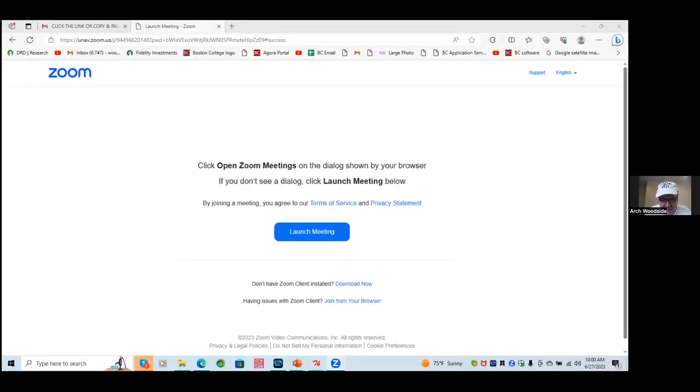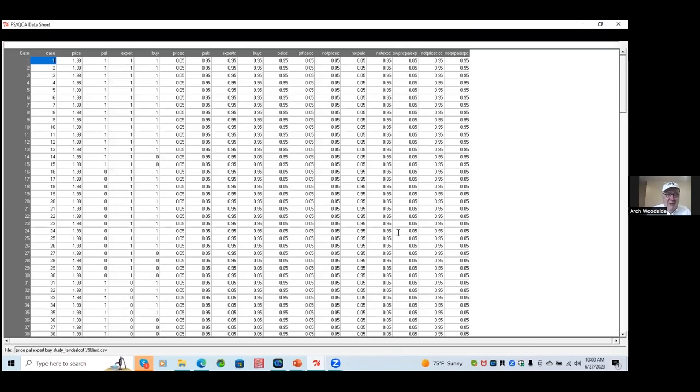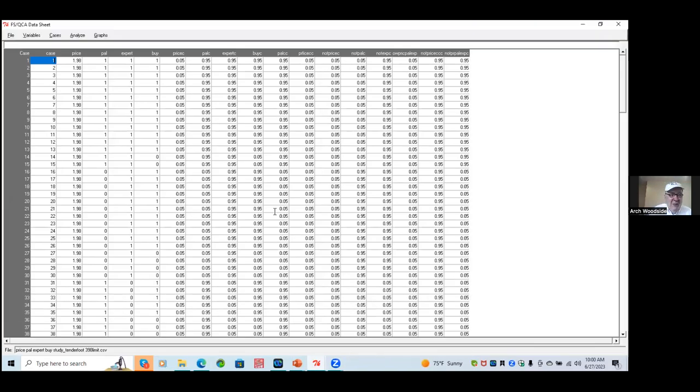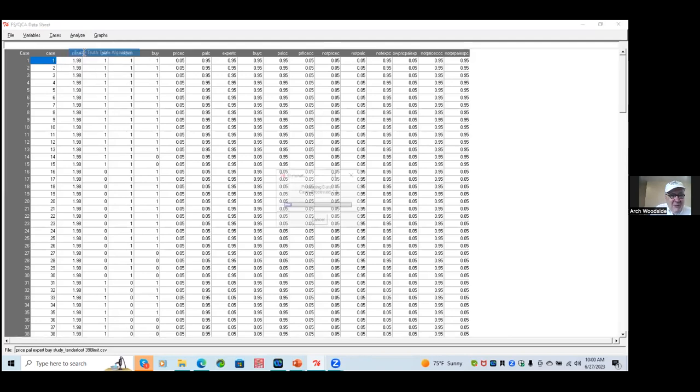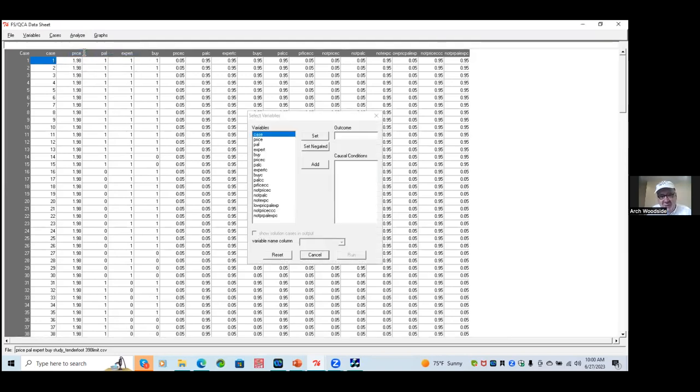And I'm going to pull up the fsQCA, and here's the data file in fsQCA. So let's go ahead and just run the analysis together. And so, we're going to use the analysis command and do a fuzzy truth table.